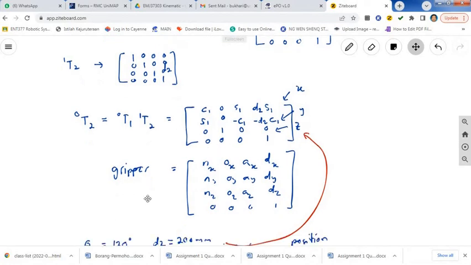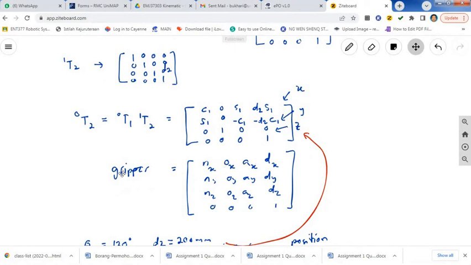If you imagine this coordinate is for the gripper, normally they change from X and Y into NOA.